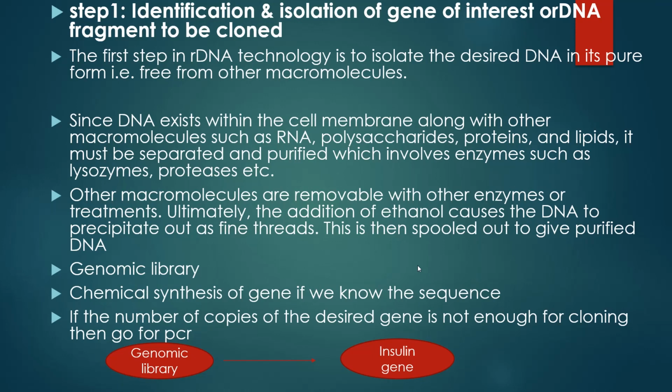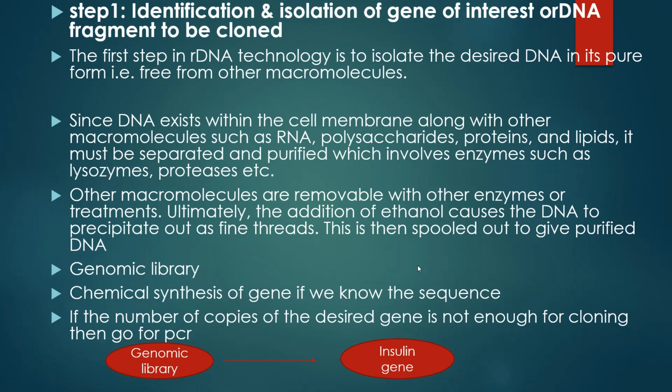Normally, DNA exists within the cell membrane along with other macromolecules as impurities such as RNA, polysaccharides, proteins or lipids. So it must be separated and purified, which involves enzymes such as lysozymes, proteases, cellulases, and other enzymes.